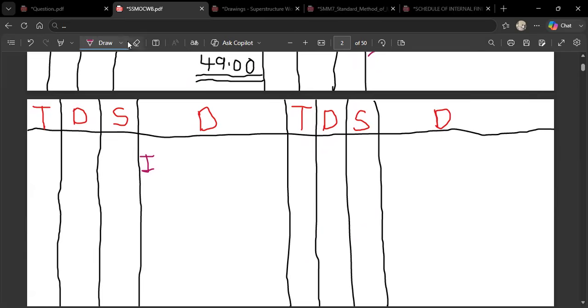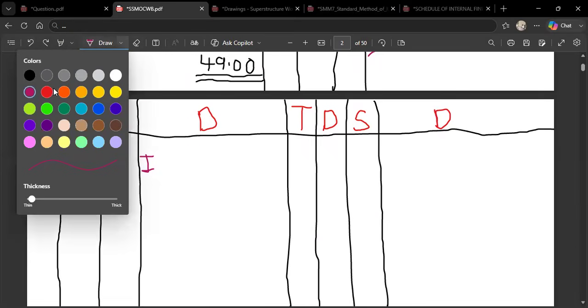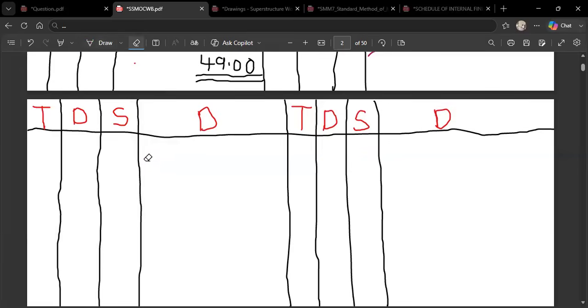That is the second one we are going to look at. This is the internal walls.